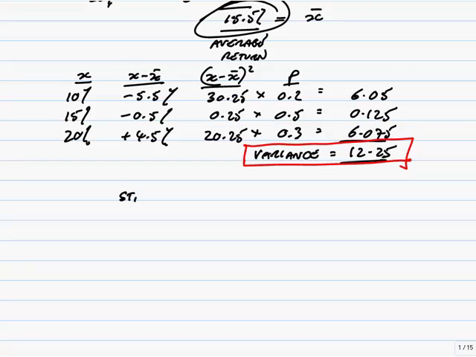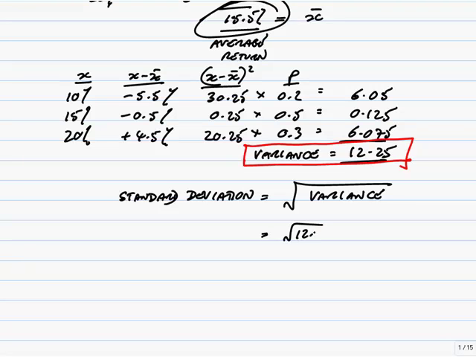The standard deviation is the square root of the variance, which here is the root of 12.25, which is what? 3.5. And we've come back to the same units. It is percentage points. Now, I said a moment ago, for you to actually calculate that in the exam is virtually impossible.